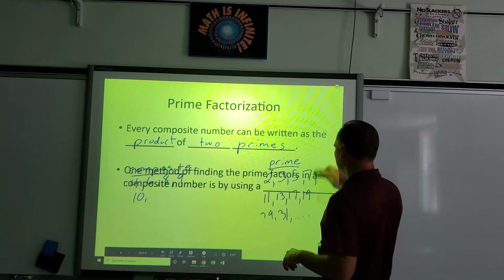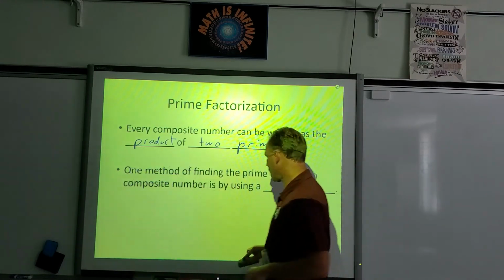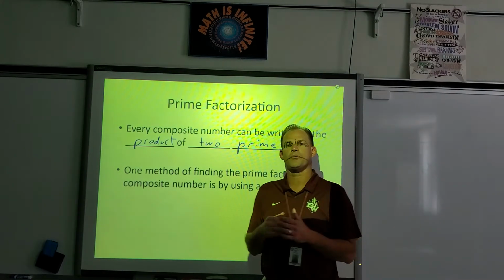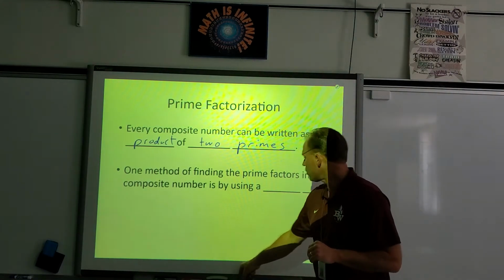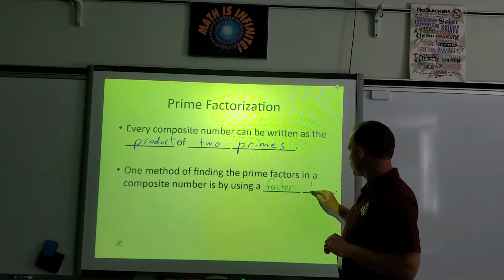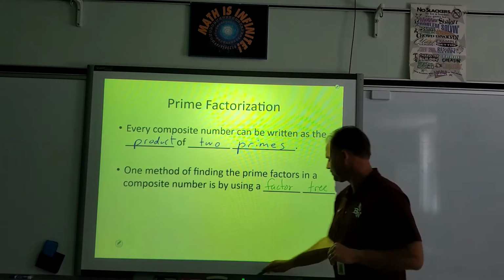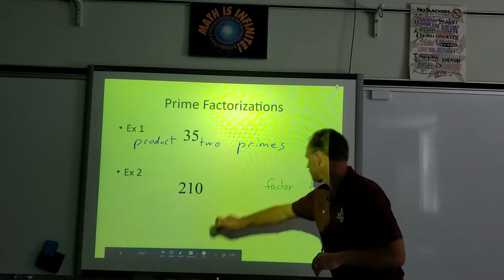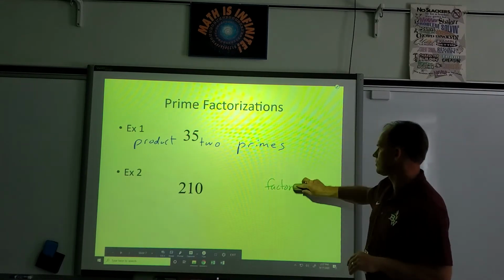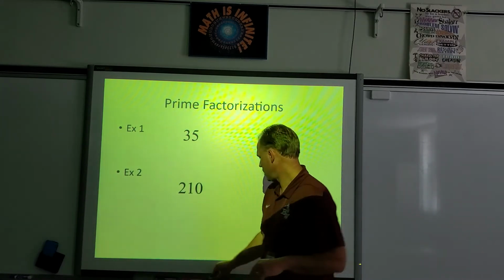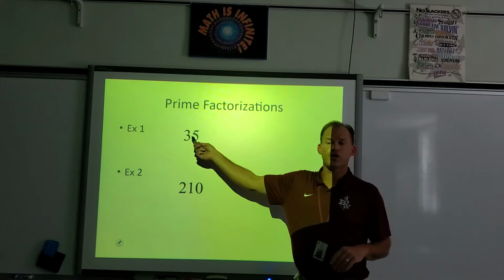What we're going to do is spend a lot of time finding prime factors. We're going to find the prime factors of a number, and the way we do that is a factor tree. You may have seen these before. Okay, so how do you find the prime numbers? 35.